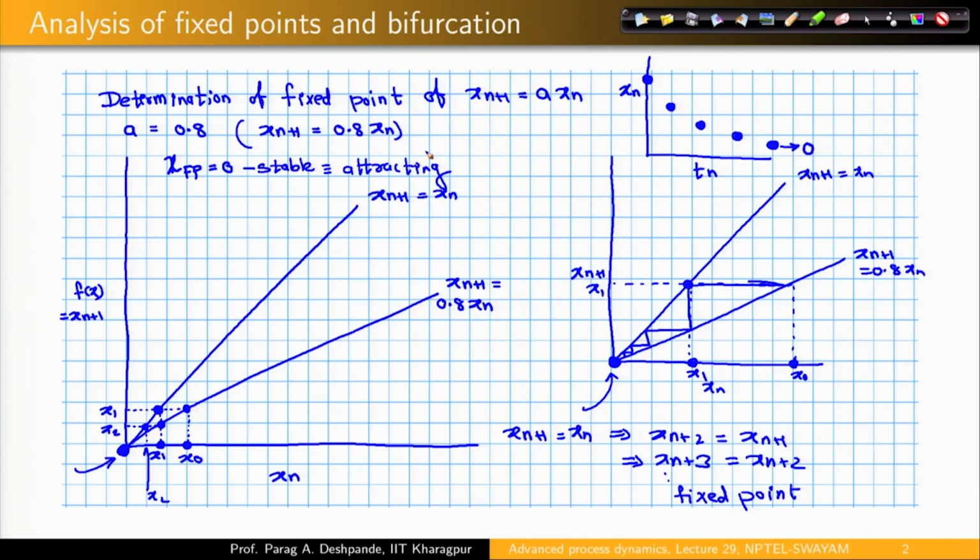And what is the continuous analog? You see this decreasing behavior. This was for a less than 0 for continuous, and a less than 1 for discrete, right.